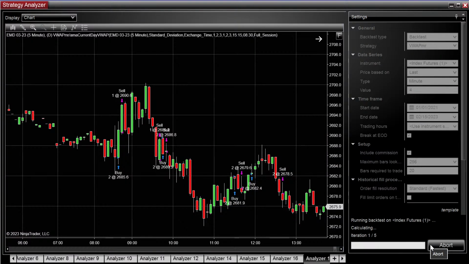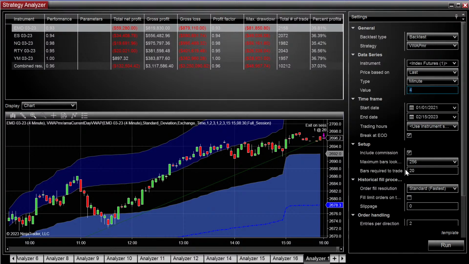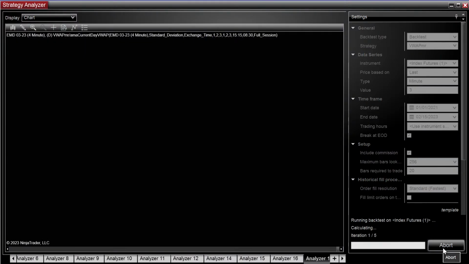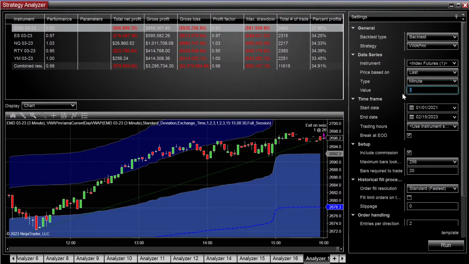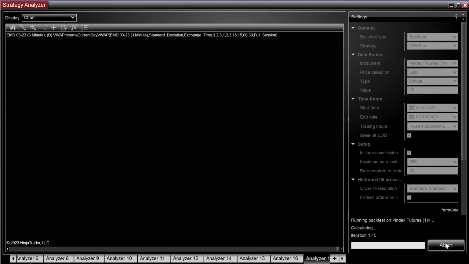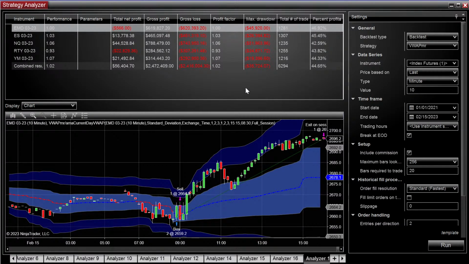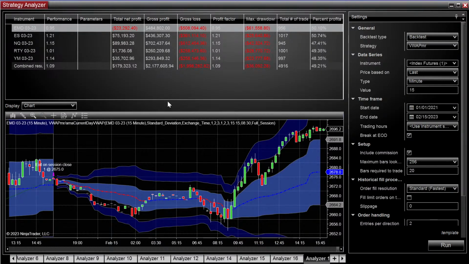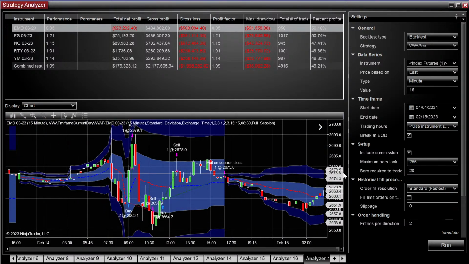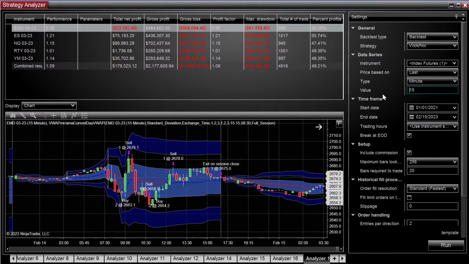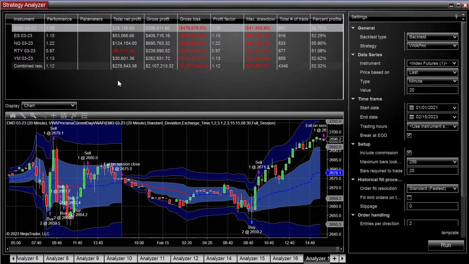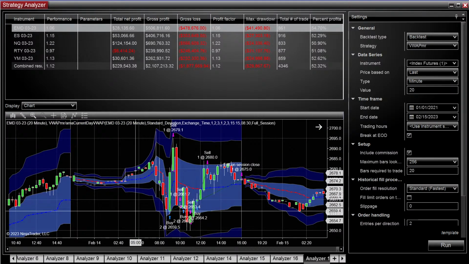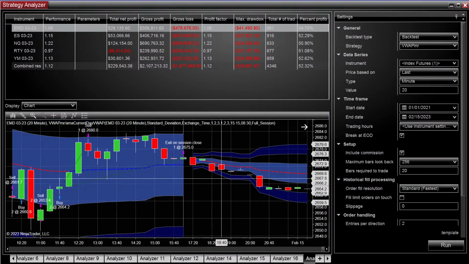Okay, we're going to try a few more time frames. Looks like the 10 minutes is profitable. 15 minutes. How is a 20-minute even doing that good?